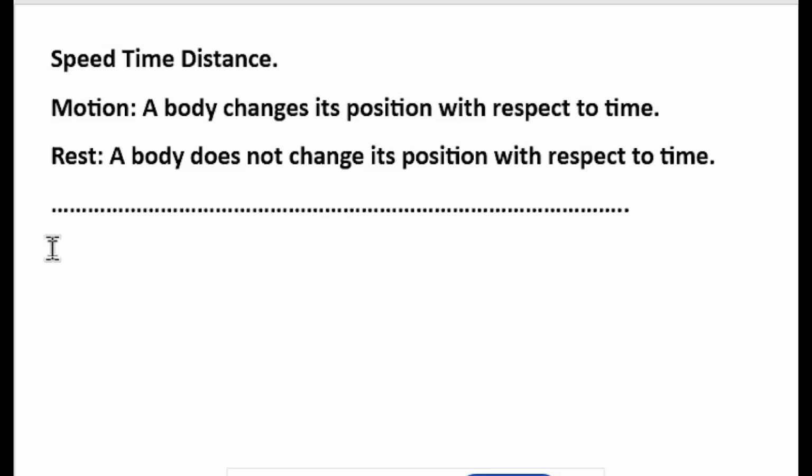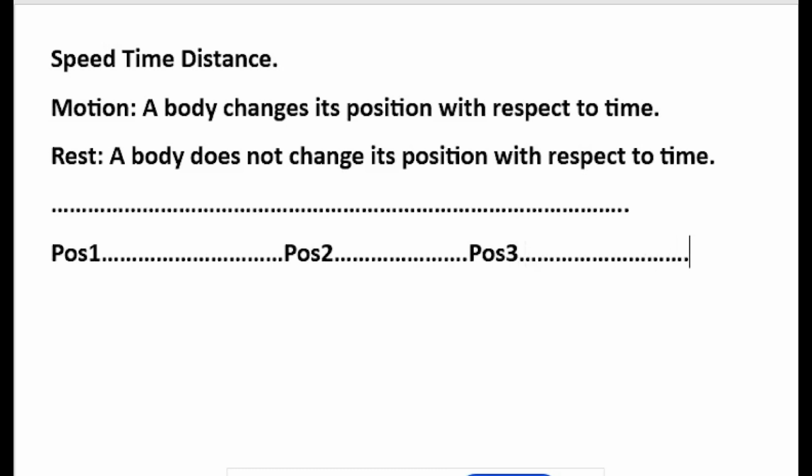If a body is here, this is position 1. After some time, it will be in position 2. After some time, position 3. After some time, position 4. That means it is moving in a line.